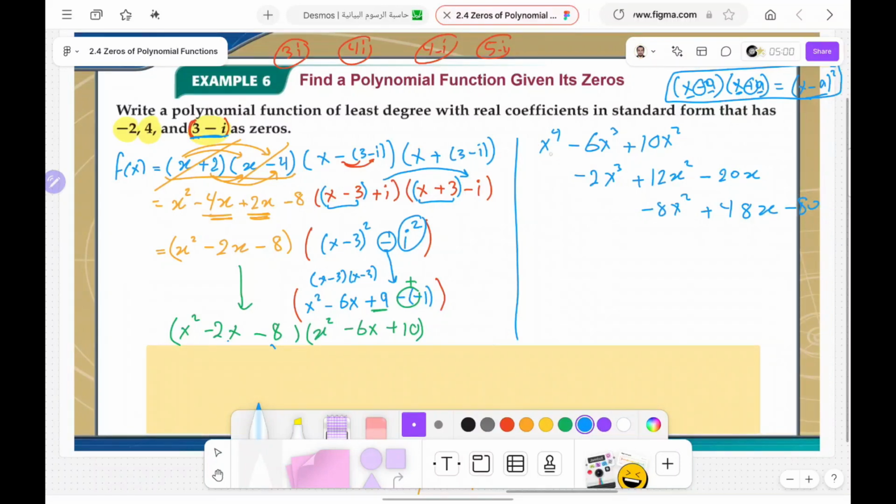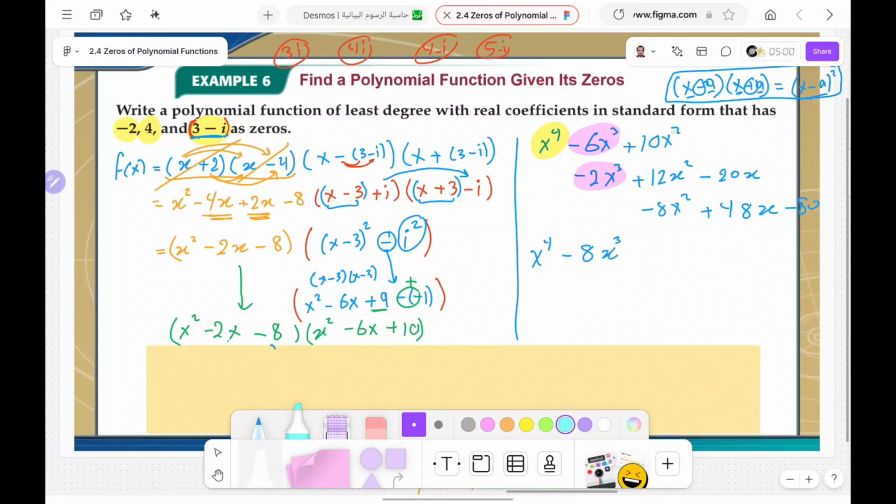Now let's add the like terms. As you can see, x to the power 4 is alone, no like term, so let's keep it alone. Then we have -6x cubed and -2x cubed, which are the same, so we put them in the same color: -6 and -2 equal -8x cubed.